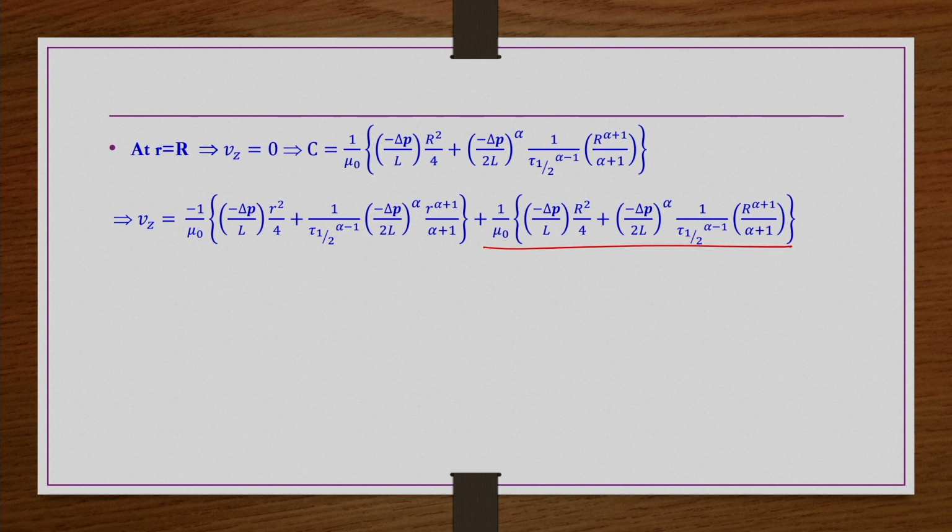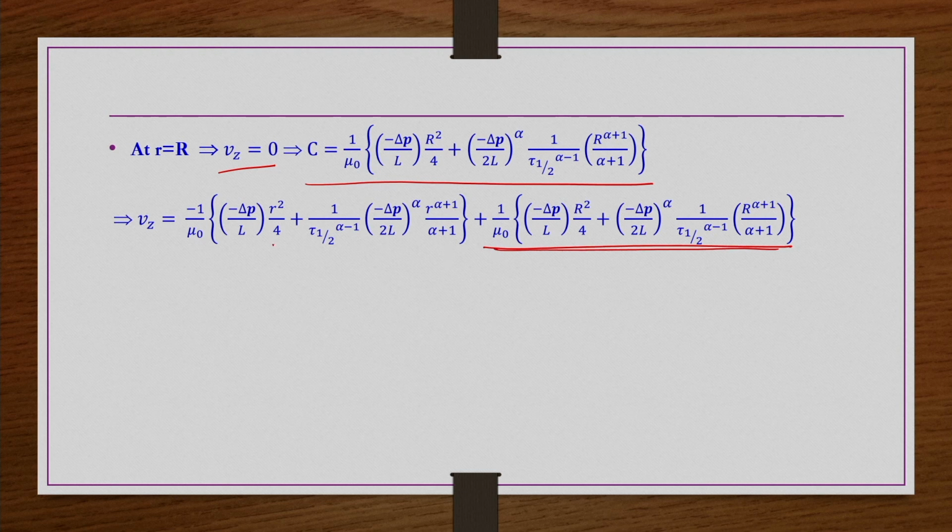When you substitute r equal to capital R in the previous equation, Vz becomes 0, and the corresponding c is this equation, and that c we are substituting in this Vz expression. Vz is equal to minus 1 by mu naught times minus delta p by L, r square by 4 plus 1 by tau power alpha minus 1 times minus delta p by 2L power alpha, r power alpha plus 1 by alpha plus 1, plus c, and in place of c, this is coming out.